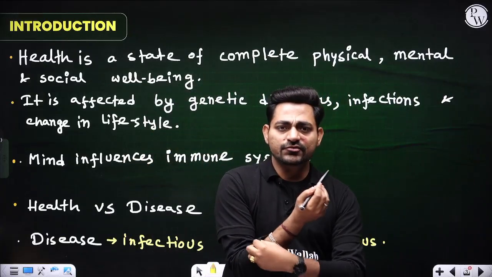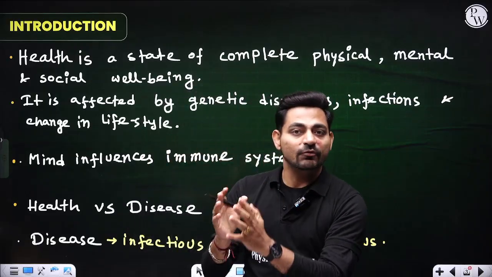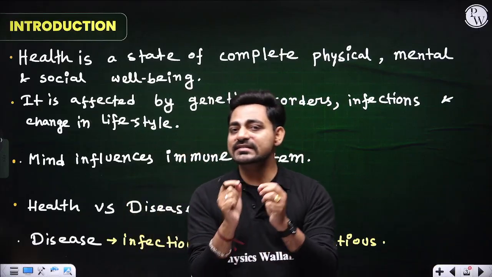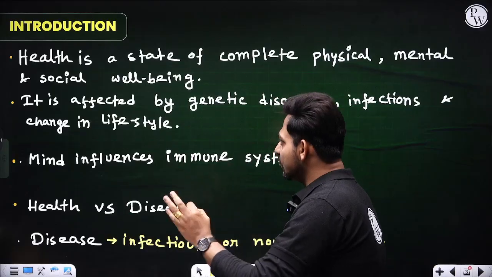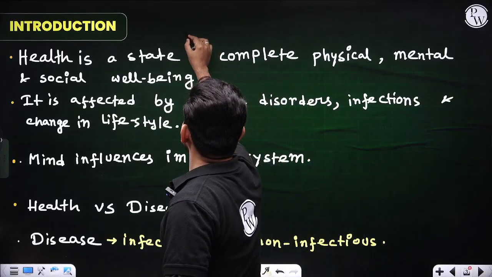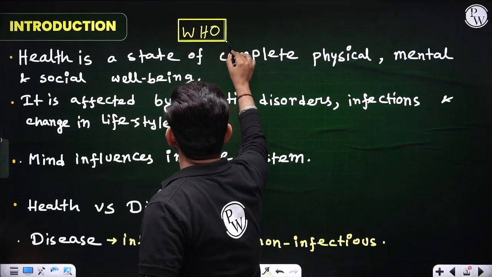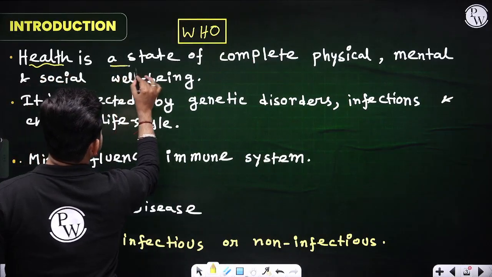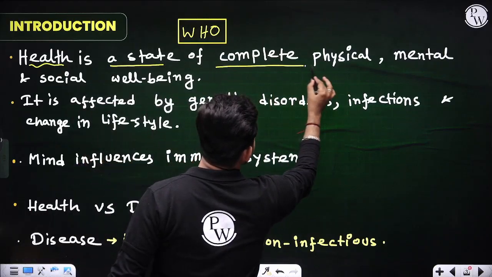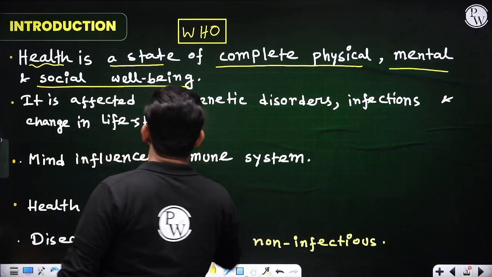First we will try to learn what is health, what is disease, and what is disease free. According to the World Health Organization, the definition of health is: health is a state of complete physical, mental and social well-being.